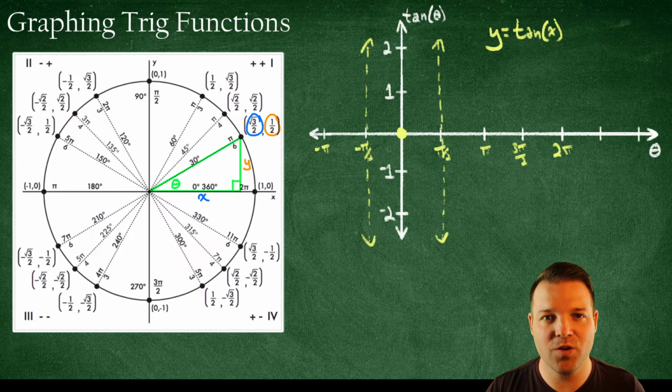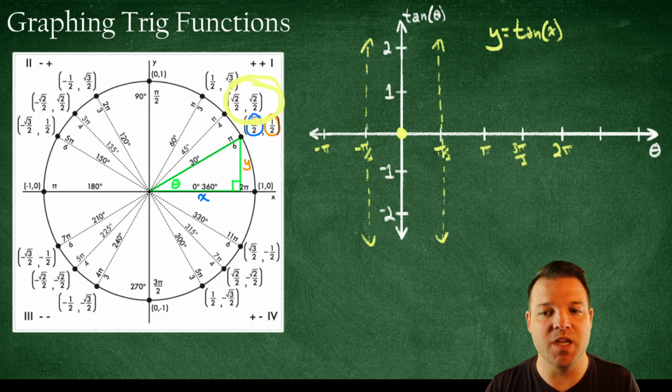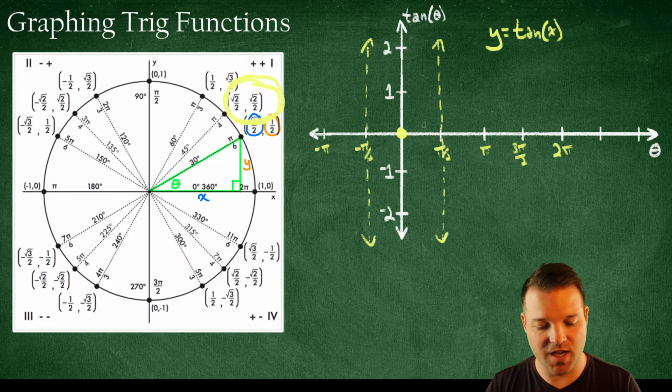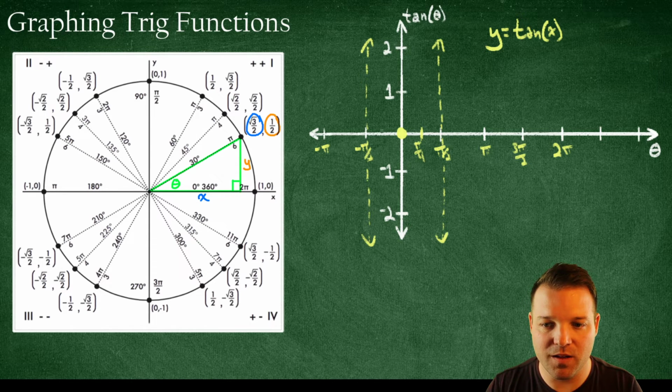And since I know the overall shape of this, now I could go ahead and plug in specific points. For example, at 45 degrees or pi over 4, you get root 2 over 2 divided by root 2 over 2, which is going to be 1 in that case. So halfway through here, this is pi over 4, and this is negative pi over 4.